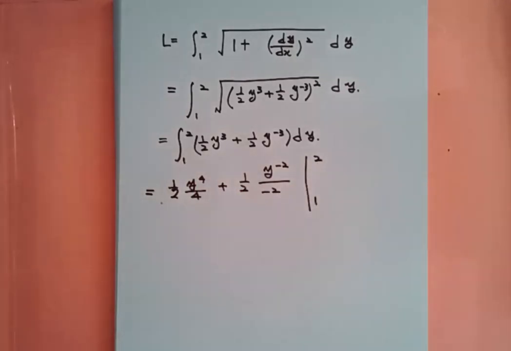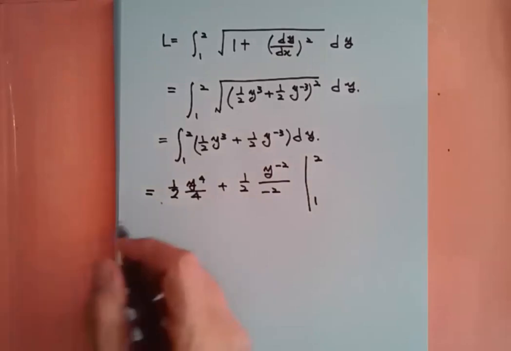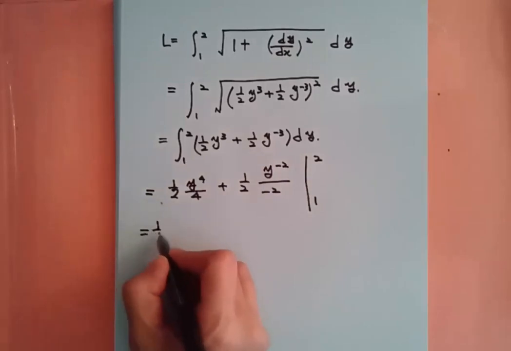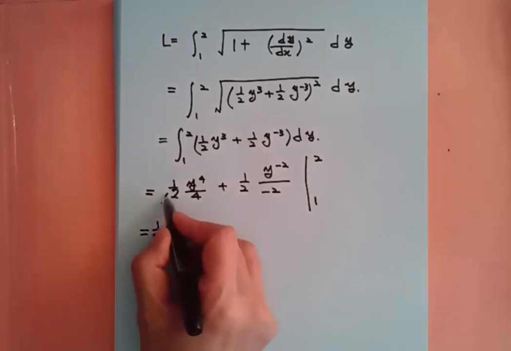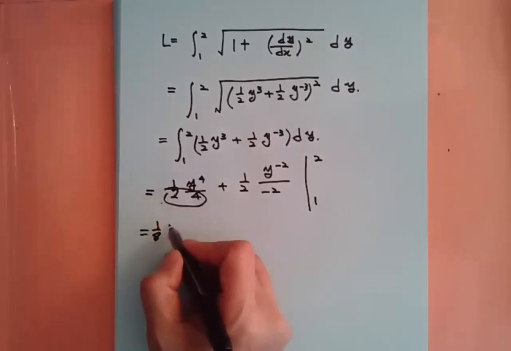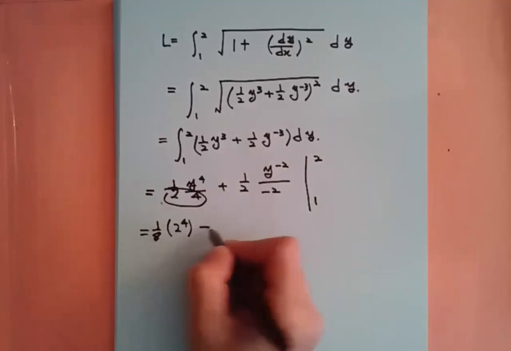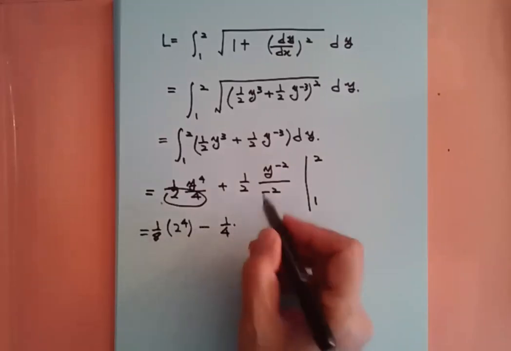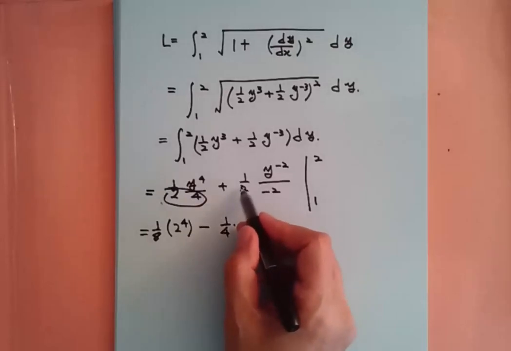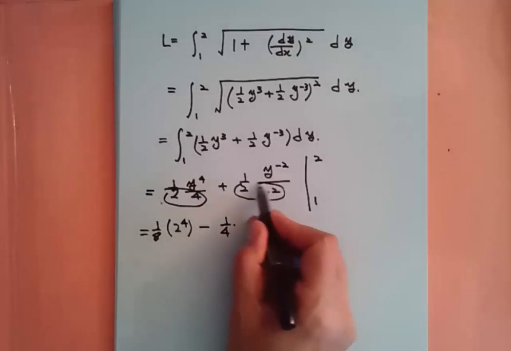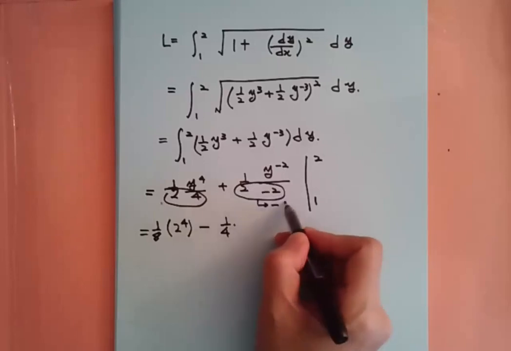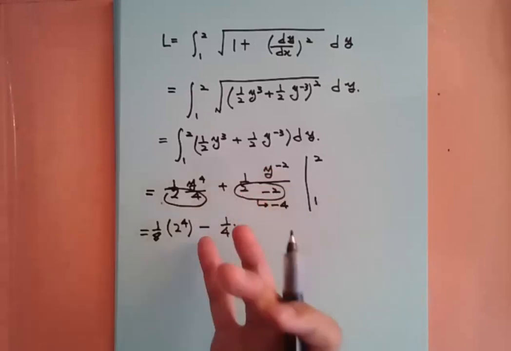So we are doing from 1 to 2. So that becomes 1 over 8. We multiply these 2. And y is 2 to the 4th power, minus 1 over 4. Combining these 2, we get negative 1 over 4.